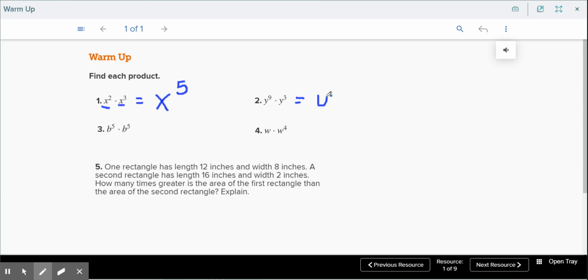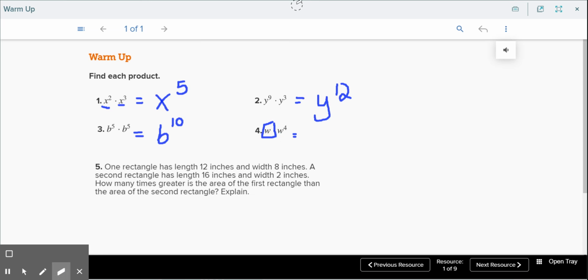So on each of these, our base number would stay the same, and we would add those exponents together. On number 4, pay attention to that first value there. Again, one of the main mistakes that we see here is forgetting that a number without an exponent, we can always assume that there's a 1 there.